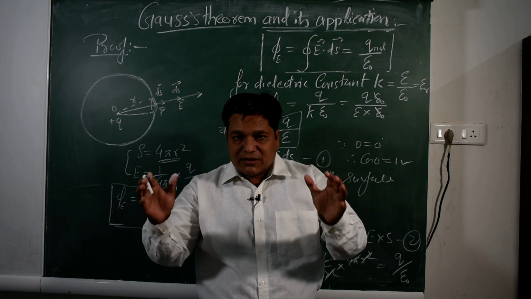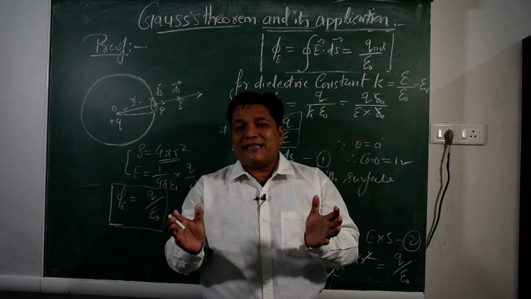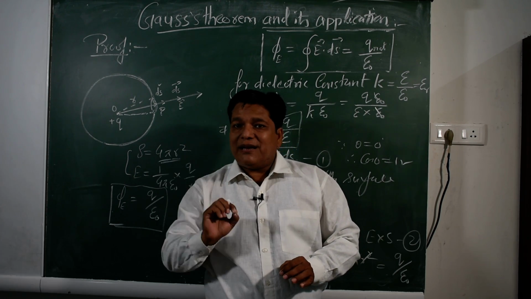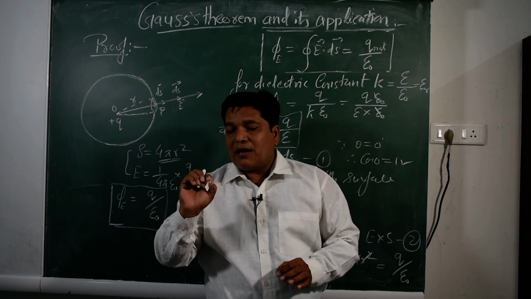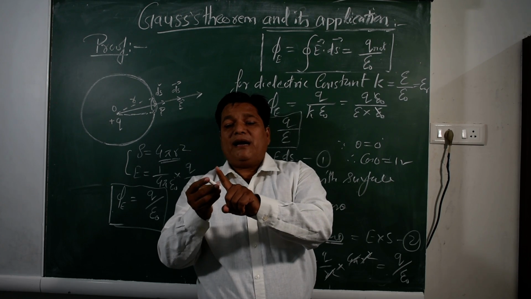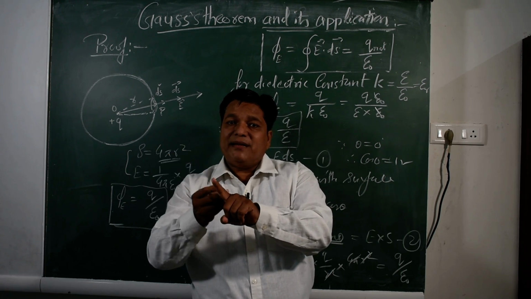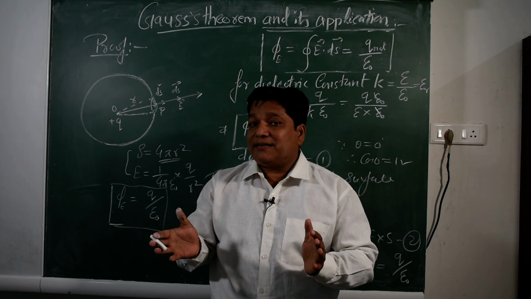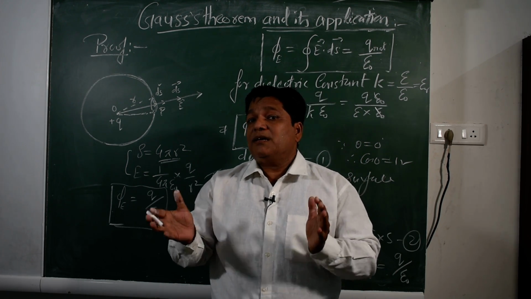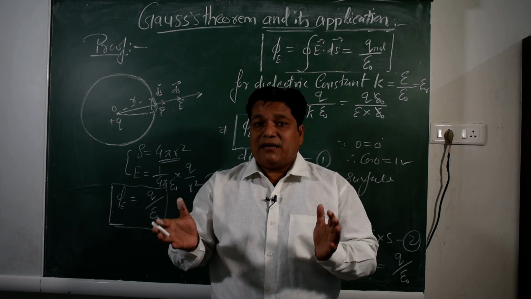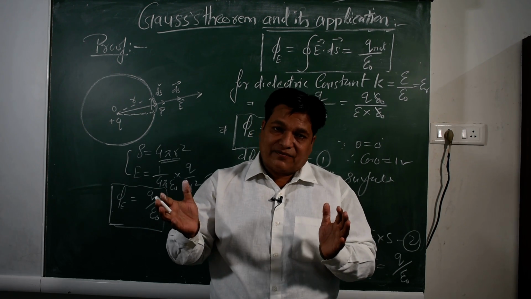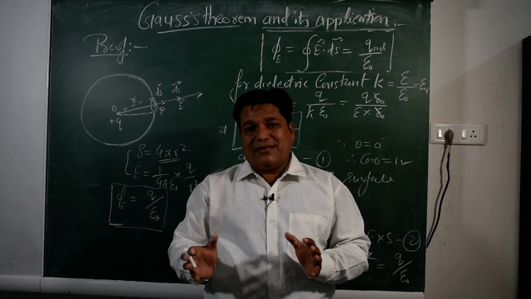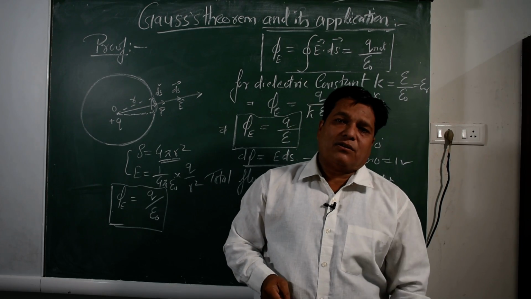The surface is such that at each point over its surface the value of the electric field is fixed, and the direction of the electric field and the area vector are the same, meaning perpendicular to the surface. This is the condition, and this type of surface is said to be a Gaussian surface. It is a symmetric surface, so it will be used for the Gauss theorem and Gauss law. So these are certain limitations for the Gauss law.